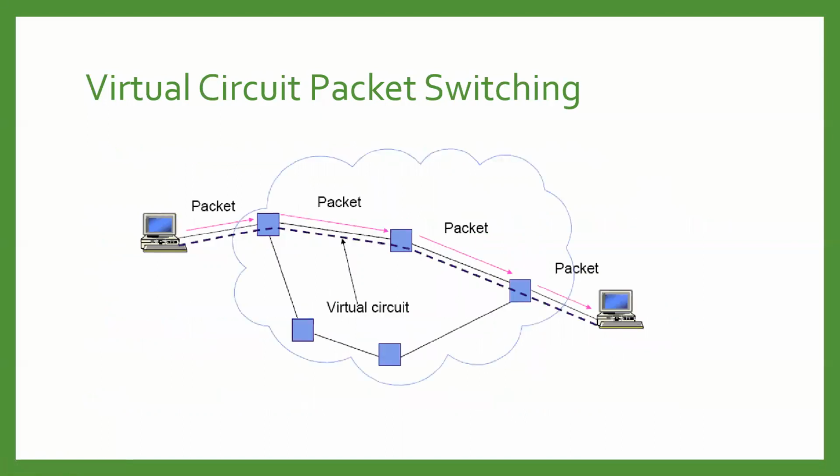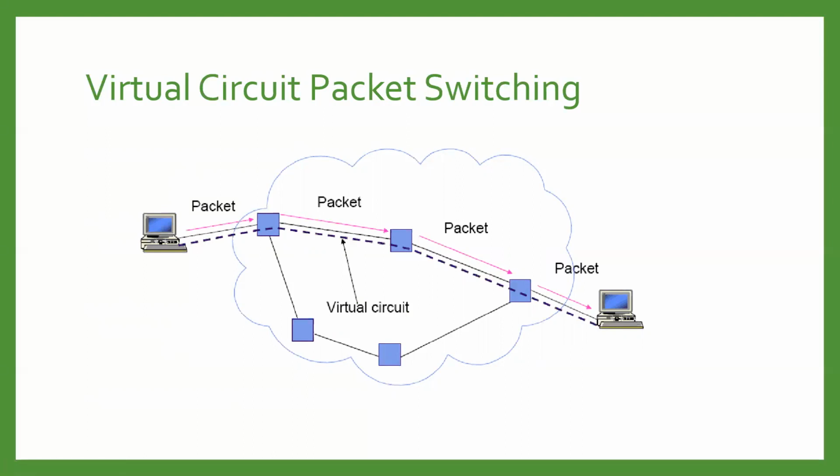Now here you can see the diagram for virtual circuit packet switching. From this source machine to this receiver machine we have to transmit the data, and this dotted line shows the virtual or logical line created between the source and the destination. By using the same link only, every individual packet is transmitted from source to destination, which is called the virtual circuit packet switching technique.